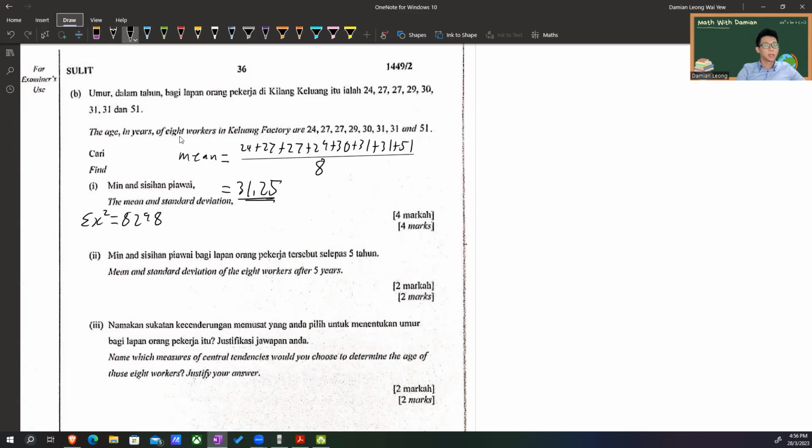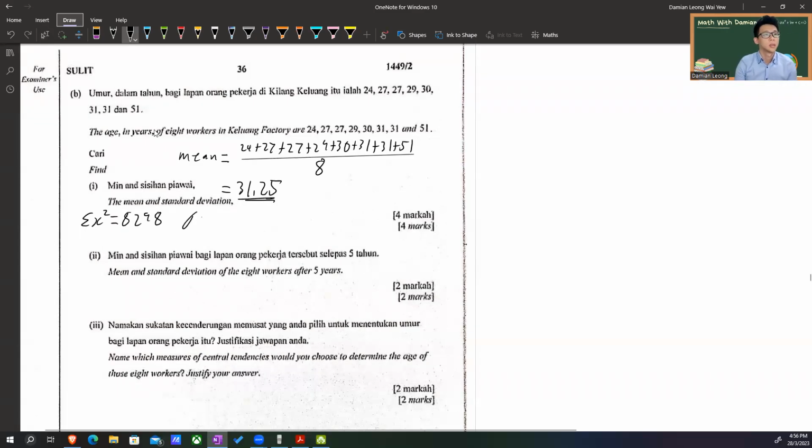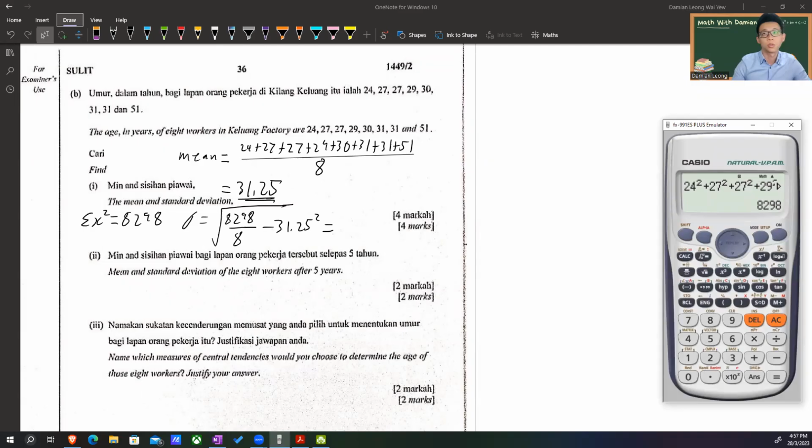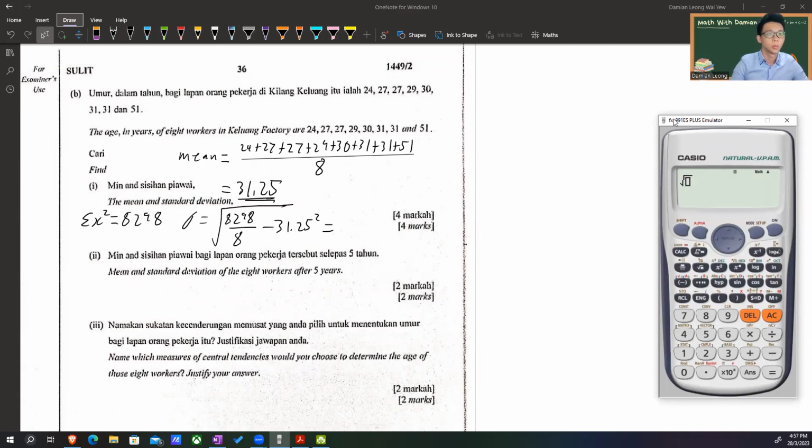So standard deviation is the square root of sum of x square, 8298, over n, 8, minus mean square, 31.25 square. So the answer is 7.79.